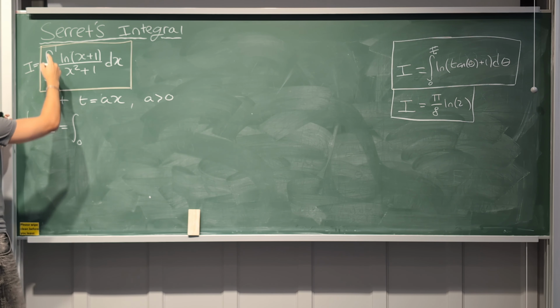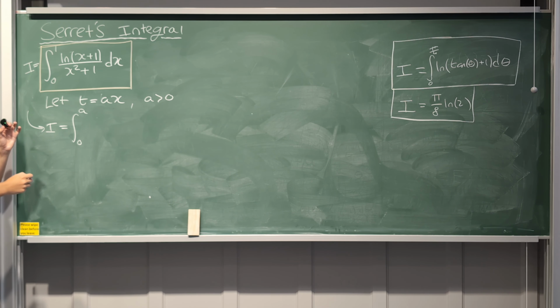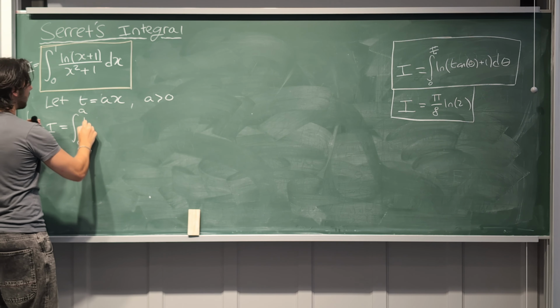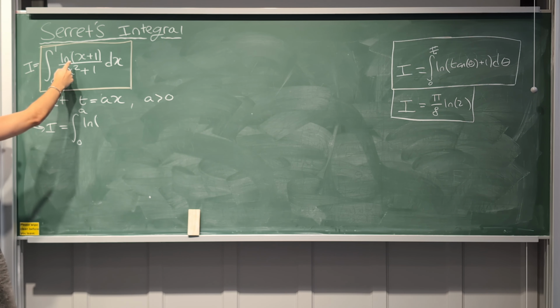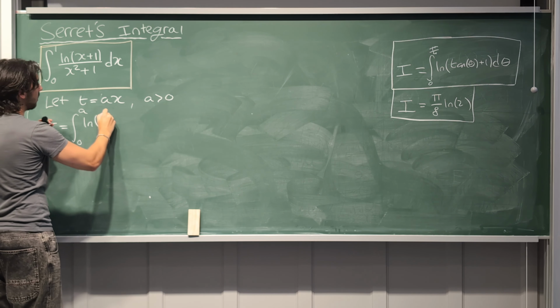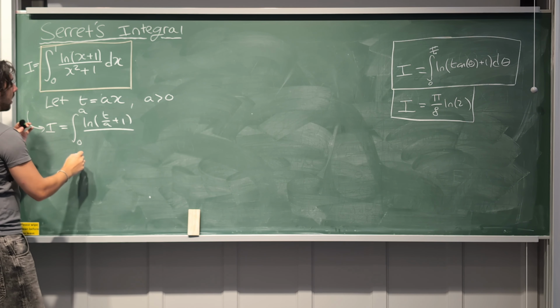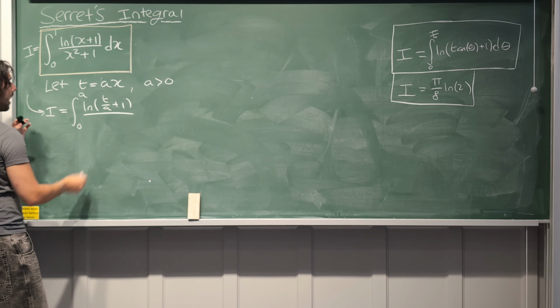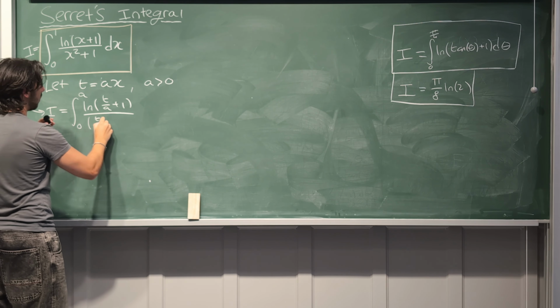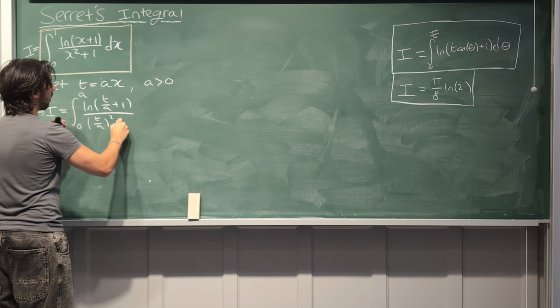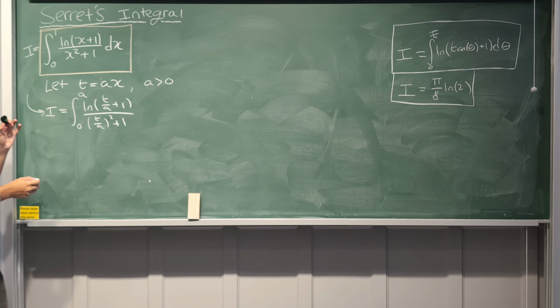But when x is 1, we've got an a up here. Hopefully that makes sense. Then we've got the natural log of, and x is just going to be t over a, so t over a plus 1, divided by t over a squared plus 1. And dx, what's that going to be?